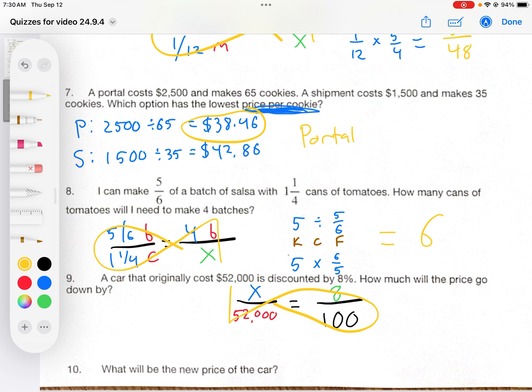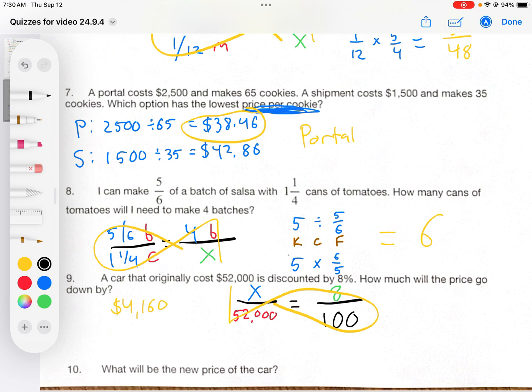And so if we run through the fish method on that one, the price is going to go down by $4,160.